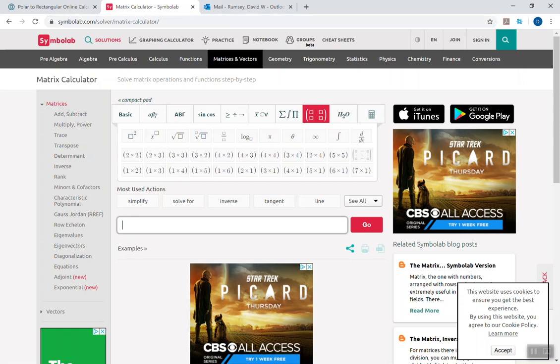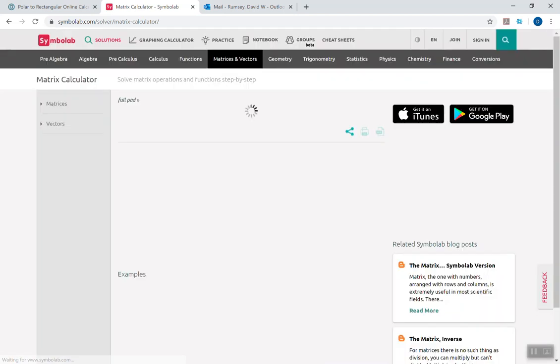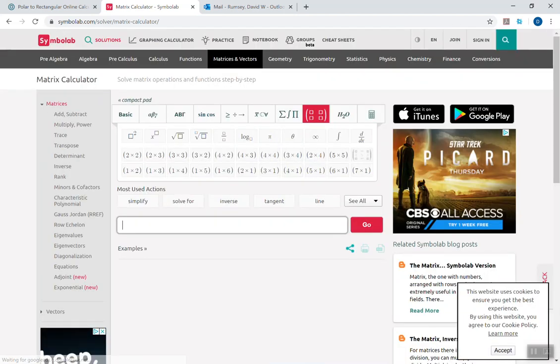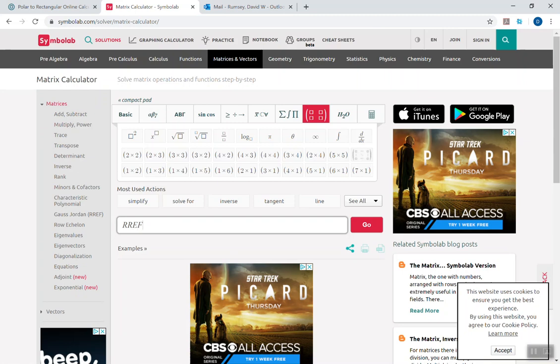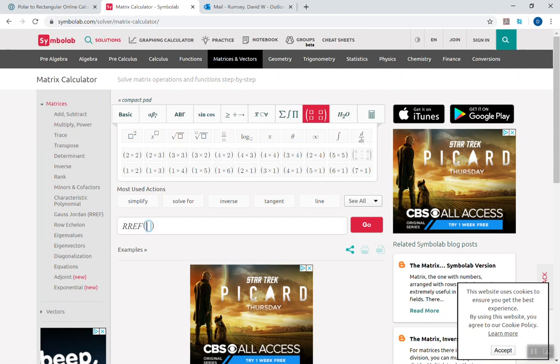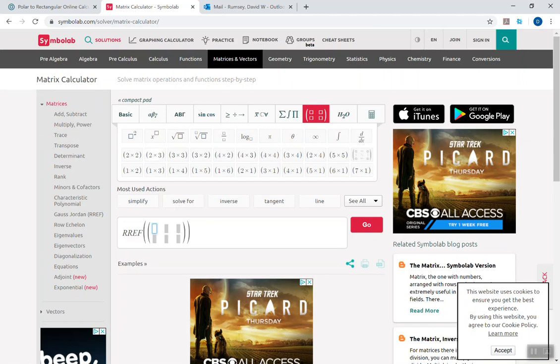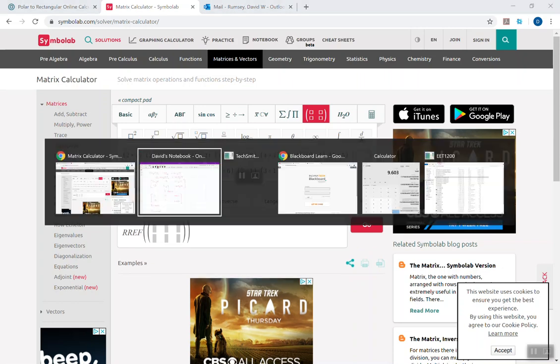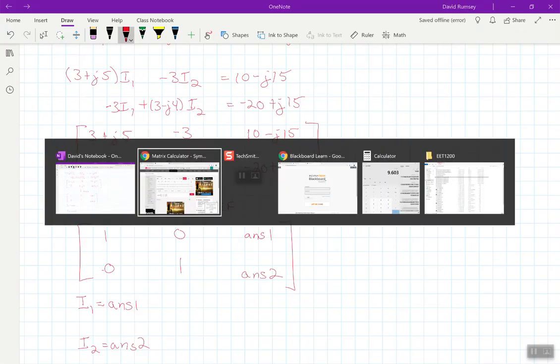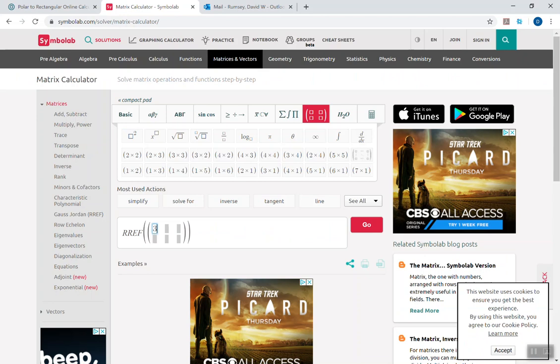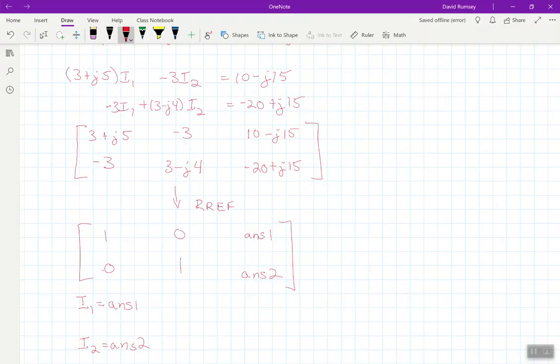It's a calculator you've seen me use before, but it has the ability to do matrices. So the first thing you're going to do is type in RREF, parenthesis, and then, it's a 2 by 3 matrix, and I just enter all those things in. The first term was 3 plus J5, so 3 plus 5I. The next term was negative 3.